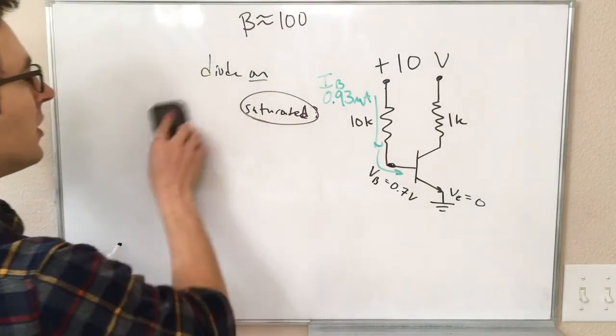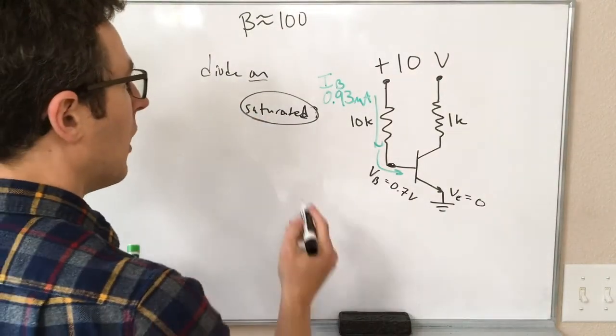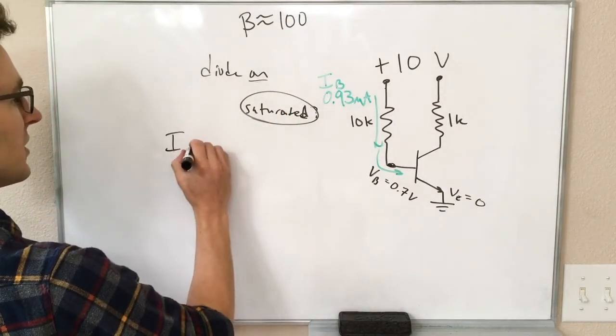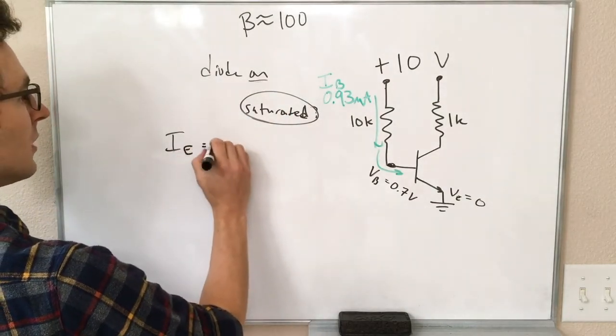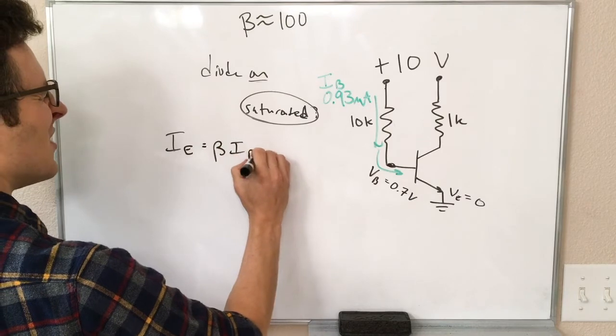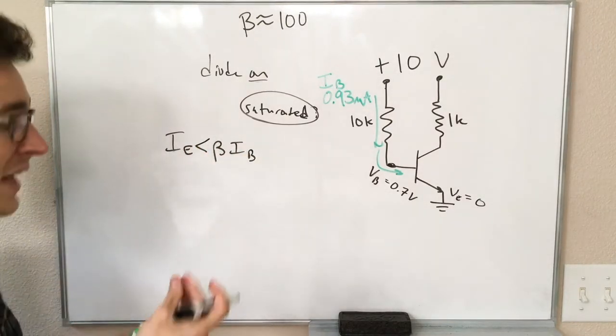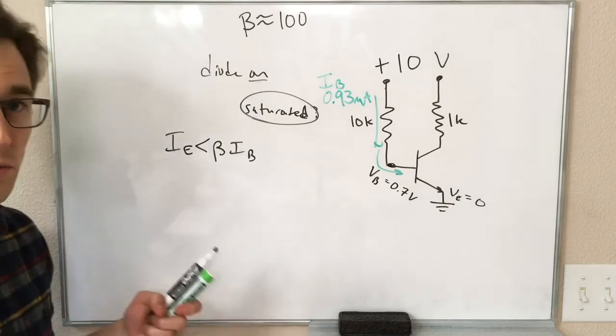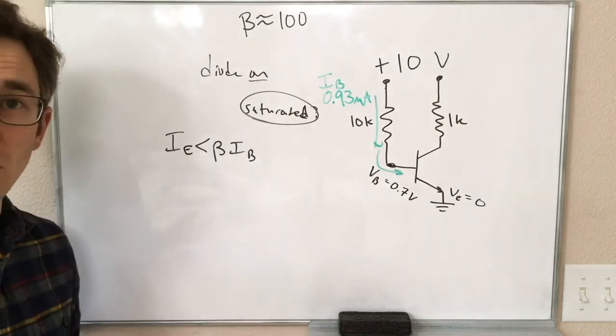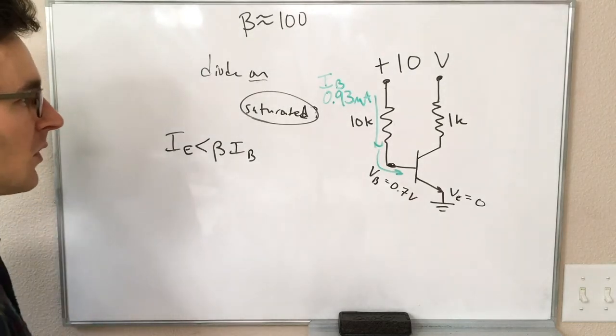If we are saturated, then our relationship IC equals beta IB is not true anymore. Our current is just something less than beta IB, and we don't have an equation for how much right off the bat.